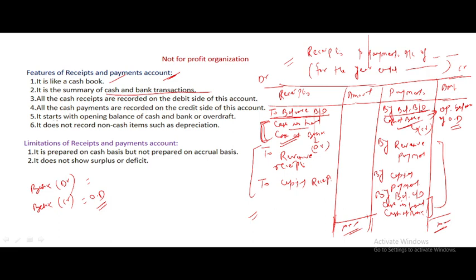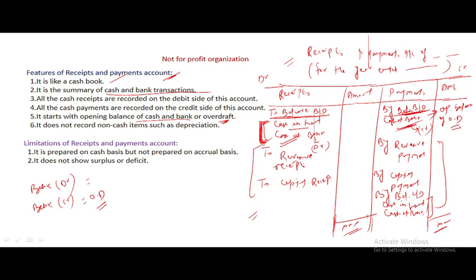Receipts and payments account starts with the opening balance of cash and bank or overdraft. See here, it starts with opening cash balance or bank balance, but if it is an opening overdraft, then use here as by balance, cash at bank.